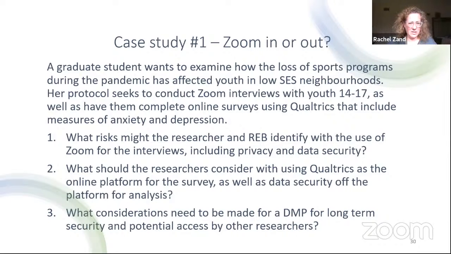What risks might the researcher and REB identify with the use of Zoom for the interviews, including privacy and data security? What should the researchers consider with using Qualtrics as an online platform for the survey, as well as data security off the platform? And what considerations need to be made for a data management plan for long-term security and potential access by the researchers?